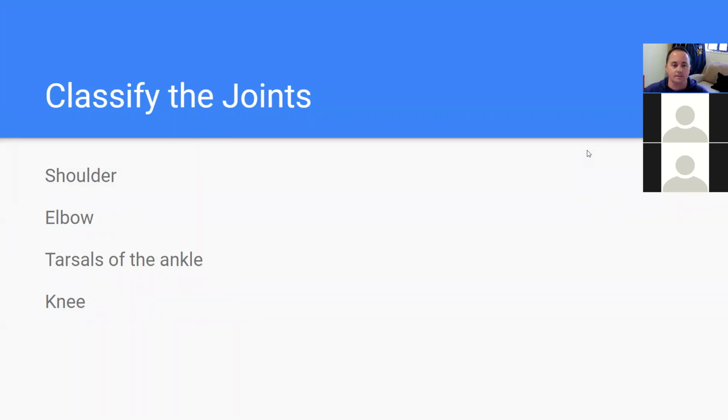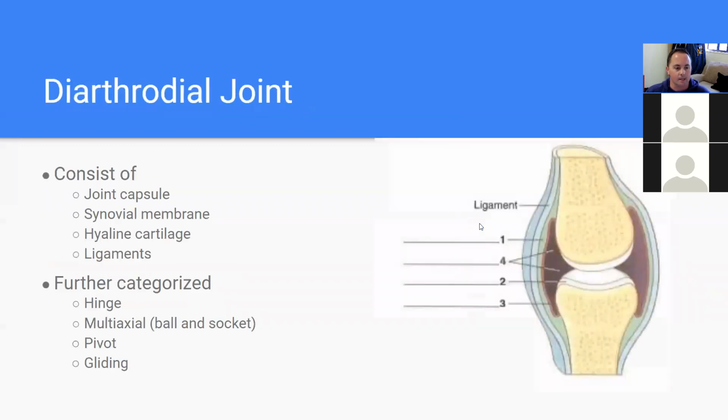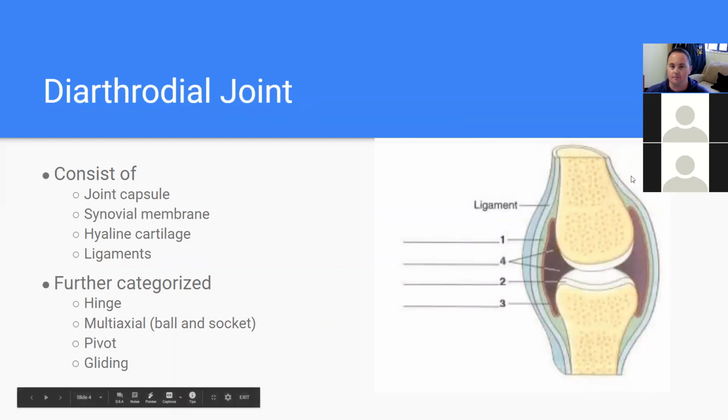Your assignment is to make an infographic for the different types of joints. You're going to have an example of a diarthrodial, and then you're going to have the 4 subcategories. Under each category, you're going to have an example and a drawing.